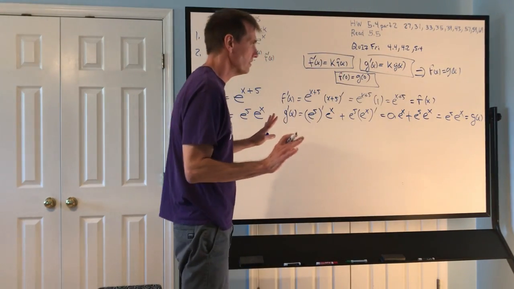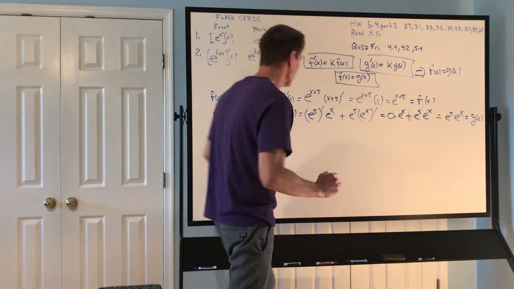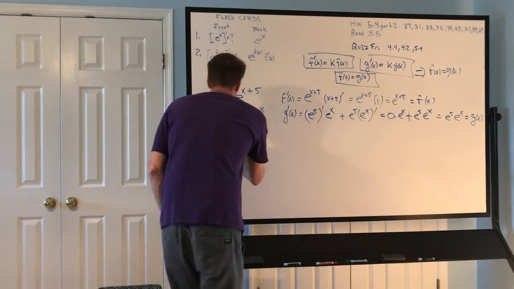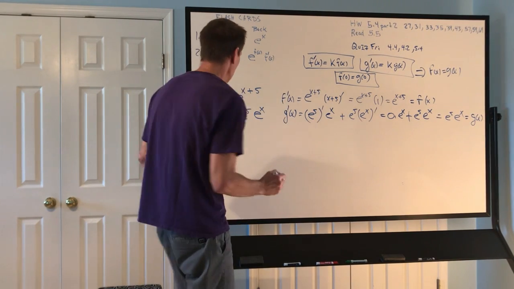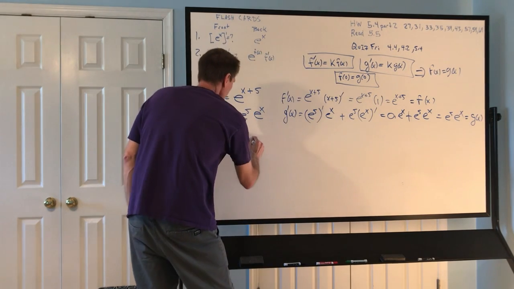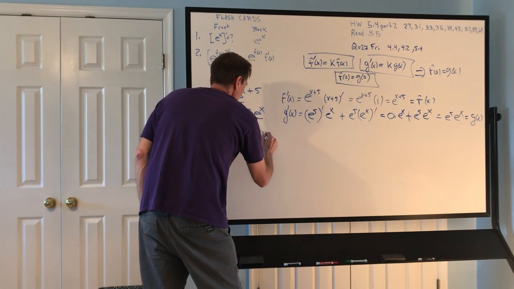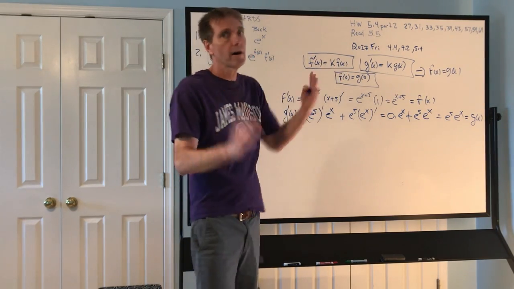Okay, so let's look at this again. f prime of x, we walked through, was f of x. So we've got that f prime of x is equal to f of x, and g prime of x is equal to g of x. So this is exactly this scenario where the constant's just 1.